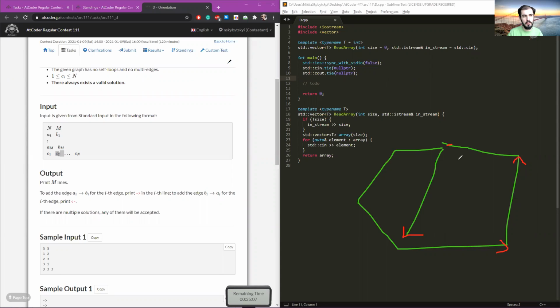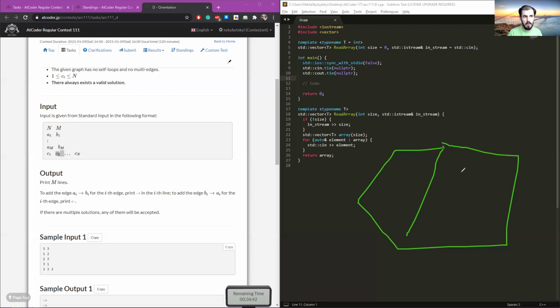Is it possible not to find the cycle if you're going in DFS order? I don't know, let's see.